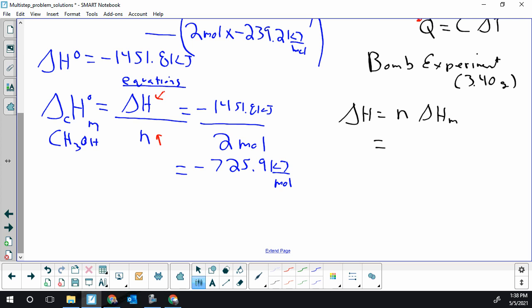Well, moles we can get from mass over molar mass, so 3.40 grams of methanol reacted. Okay. I'm doing all of this for methanol. Okay. Moles of methanol, molar enthalpy, which is always true, and that will output the delta H for our 3.4 grams of methanol.